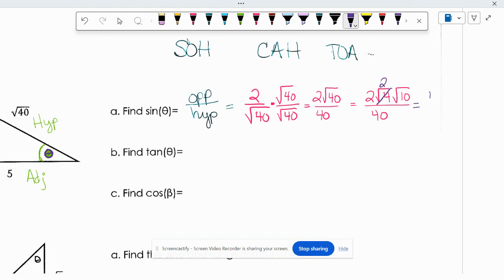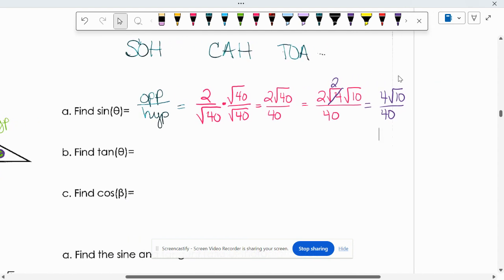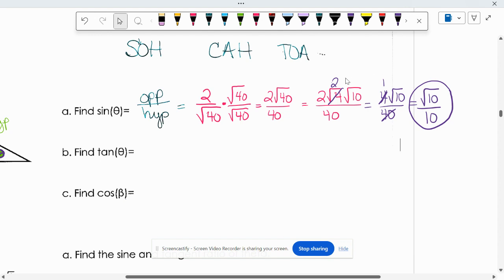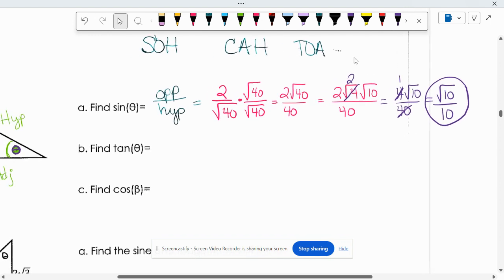So this really equals 4 root 10 over 40. Can I simplify that? To what? The square root of 10 over, let's see, 4 will go into itself 1 time, and 4 will go into 40 10 times. So that's what the sine of theta is. It's the square root of 10 over 10. We're just setting up proportions. Okay?